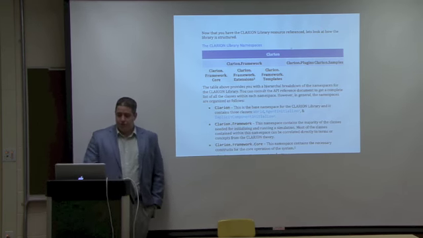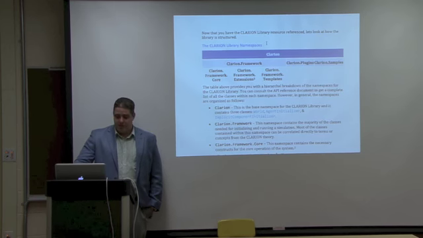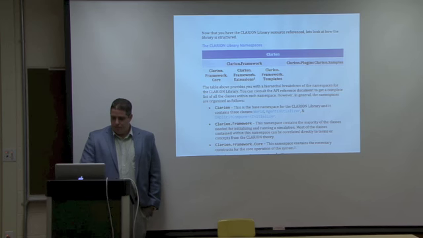The basic structure of it within C#, the parts of the library are broken up into what are called namespaces. I'm not sure exactly what that is in Java. Packages?